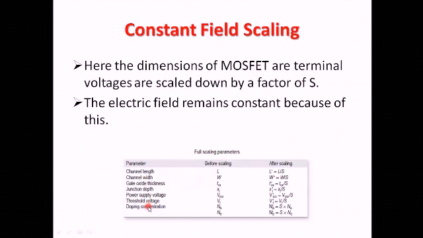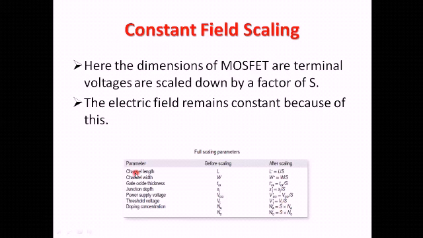Now you can see that the Poisson equation describing the relationship between the charge densities and the electric field dictates that the charge densities must be increased by a factor of S. These are the charge densities that are increased by a factor of S in order to maintain the field condition.